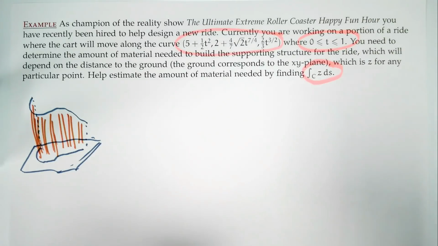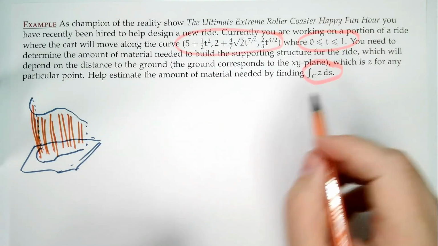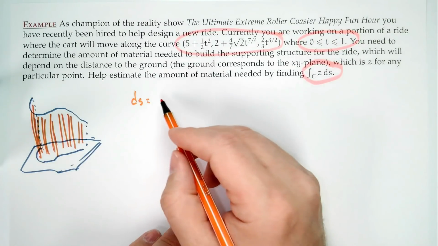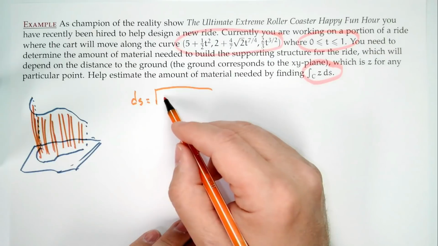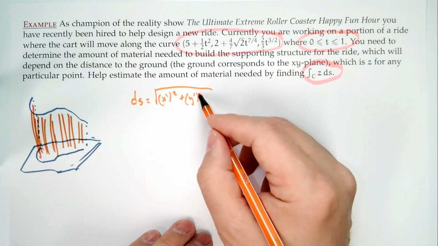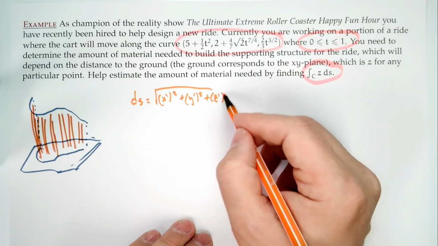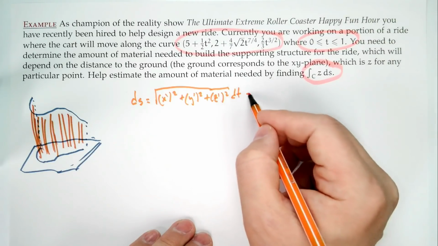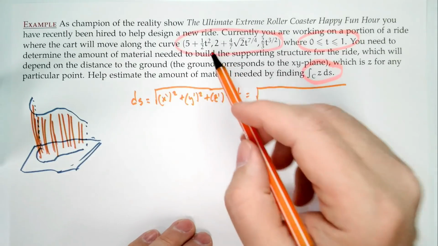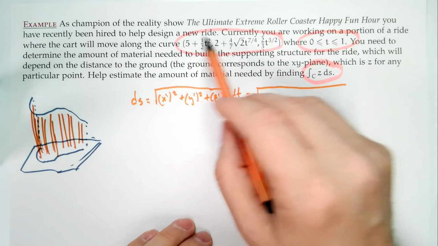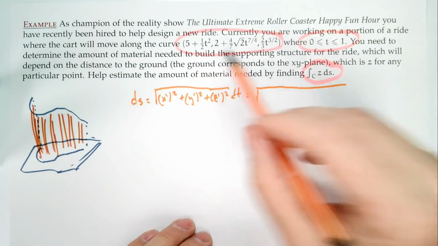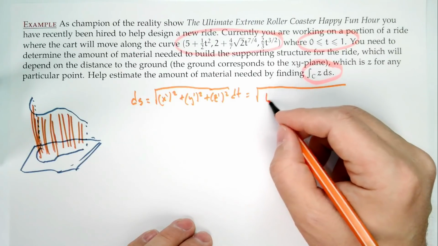All right. So let's work for a second. Let's do our ds. So ds is going to be the square root of x prime squared plus y prime squared plus z prime squared dt, which is going to be the square root of, take the derivative of x with respect to t. The 5 goes away. Derivative of a half t squared is going to be t.